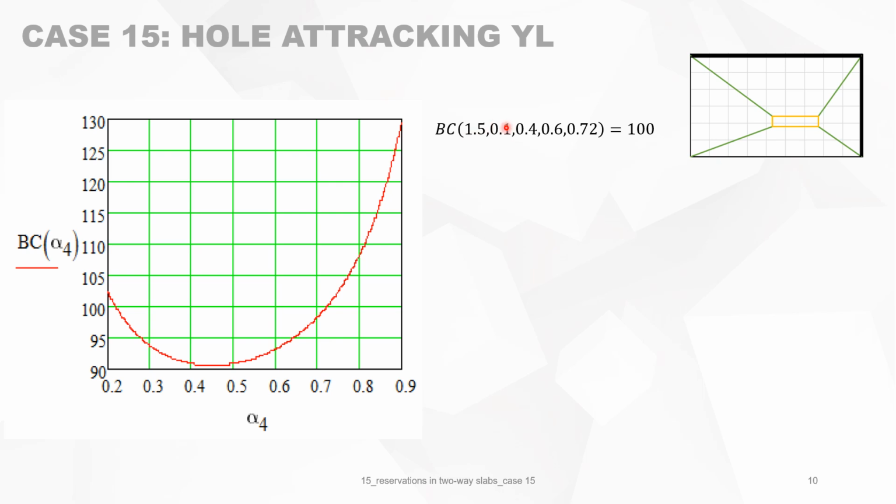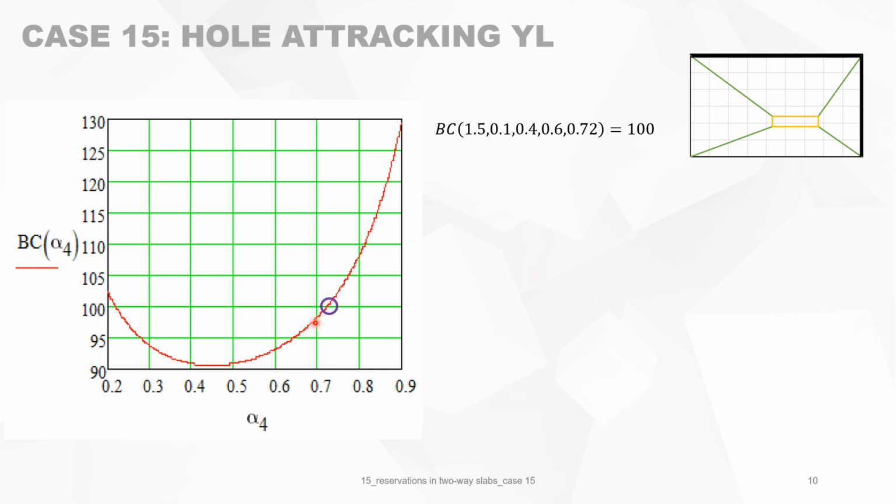So this is 1.5, because this divided by that is 1.5. Alpha 1, which is this dimension, 0.1. Alpha 2 is 0.4, is this dimension. Alpha 3 is this dimension. And alpha 4 this. And alpha 5 this. And alpha 6 this.